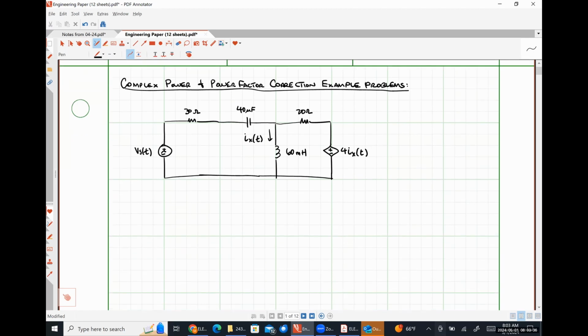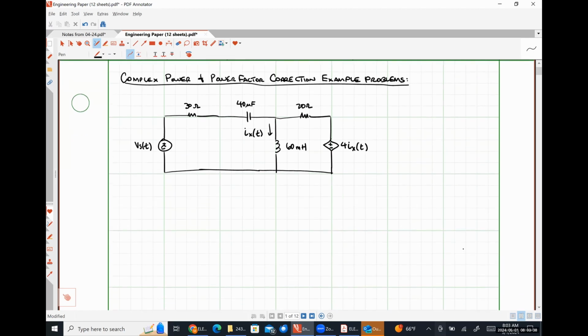And let's specify what our goals are in this problem. Wait, actually, hold on, let's say that Vs of t is 100 cosine 2000 t volts.